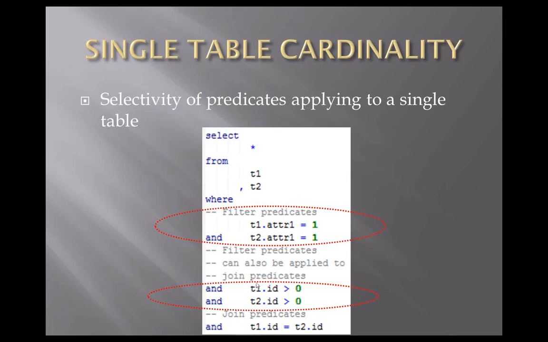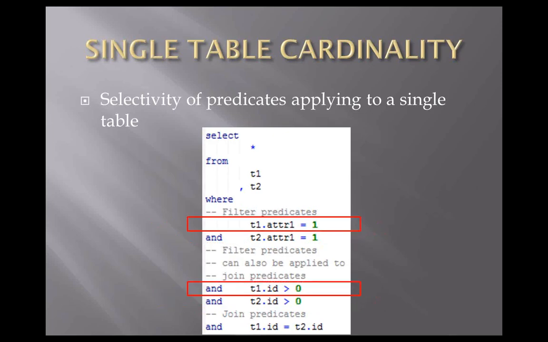And the single table cardinality is basically just about those predicates that apply to a single table. So for example, for the T1 table, you can see here that's just these two filter predicates, and for the T2 table, that's likewise the same here.